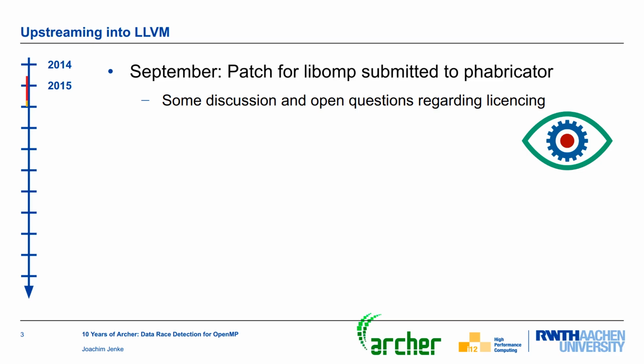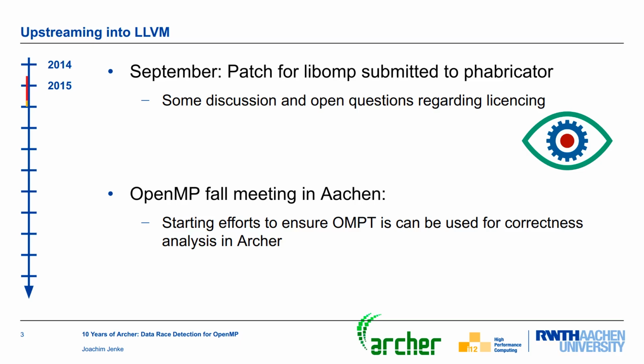Because of some discussion about the licensing, the process stalled and we needed to figure out the licensing. In the same year, the OpenMP fall meeting was in Aachen.